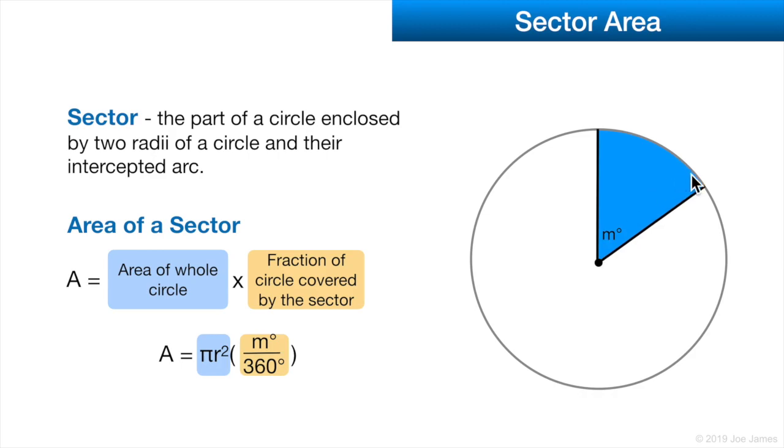Simple. This sector has a central angle with a measure of m degrees in this case. And we just put that over 360, which is the measure of an entire circle. M over 360 gives us the fraction of the circle that's covered by this sector.